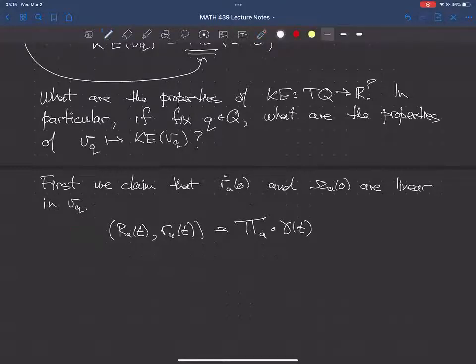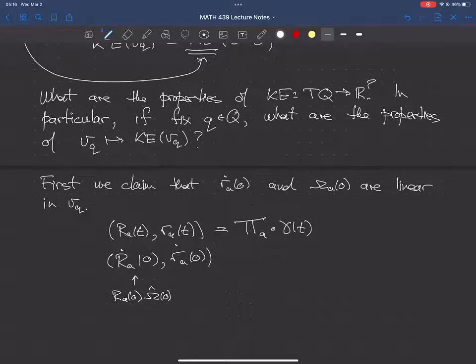Here I'm going to get R_A dot of t, and let me evaluate that at 0 because that's what I'm interested in. And I know that this one is R_A of 0 times omega hat of 0.